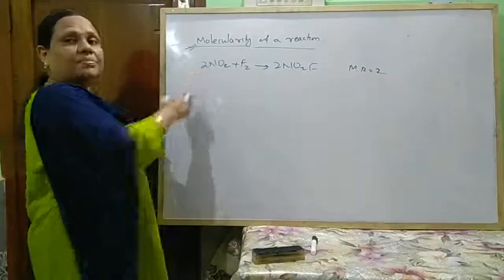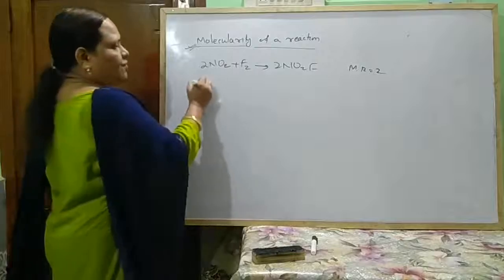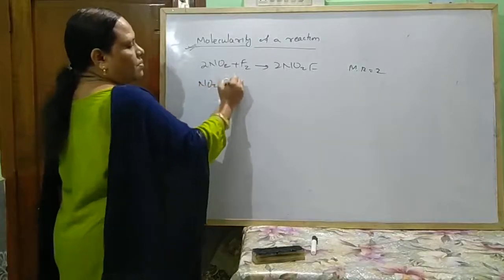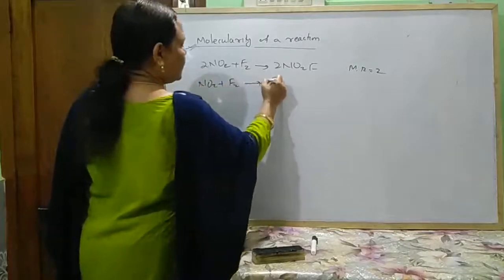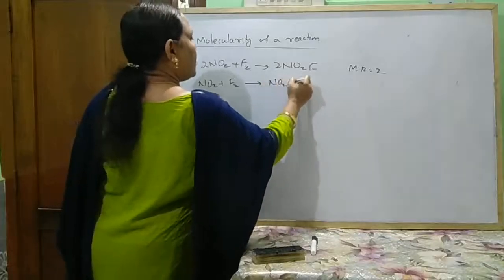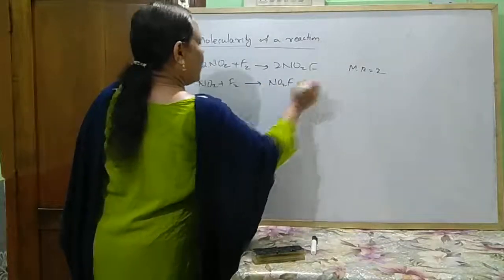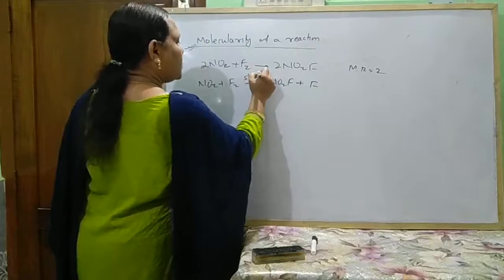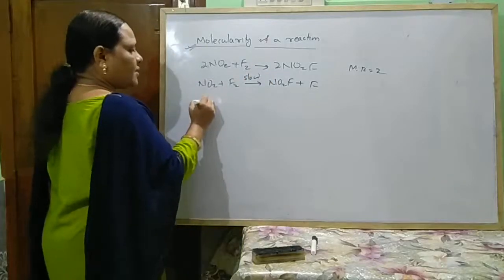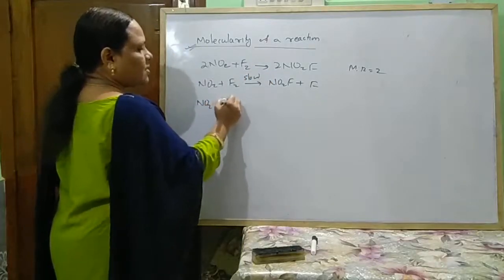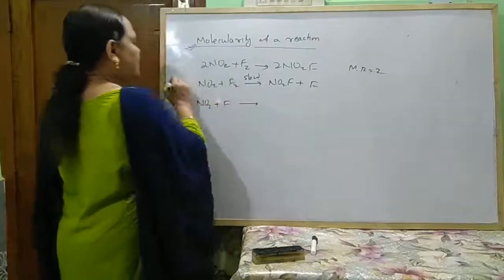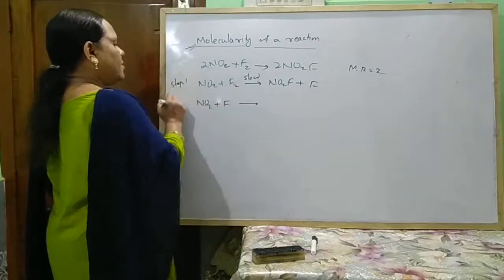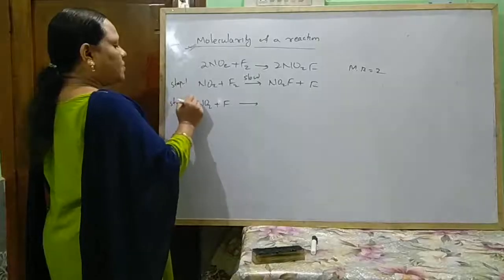This also takes place in 2 steps. First NO2 plus F2 gives NO2F plus F, and this step is the slow step. After this, again NO2 reacts with this F to give NO2F. This is step 1, this is step 2.